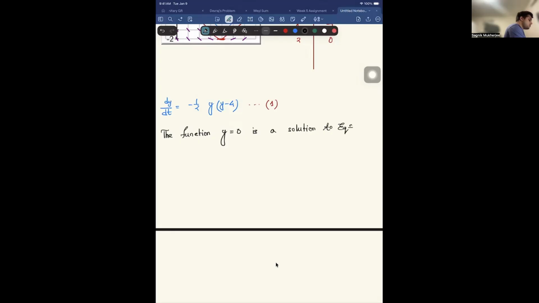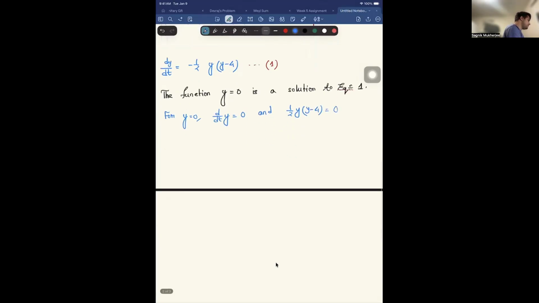Okay, right? Because for y equals 0, d/dt of y, it's a constant function, right? So it is always 0. And negative 1/2 y times y minus 4, this is also 0, right?